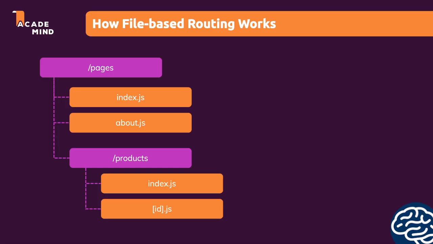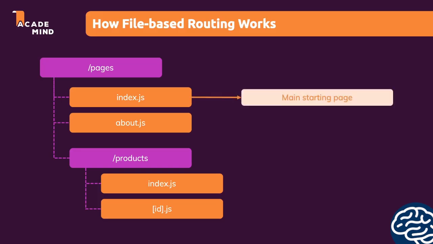Let's first of all have a look at what Next.js would do. It would look at this pages folder and now infer a couple of routes we want to support. For example, it would infer that this should be our main starting page for requests to our domain / nothing. So for an empty path.